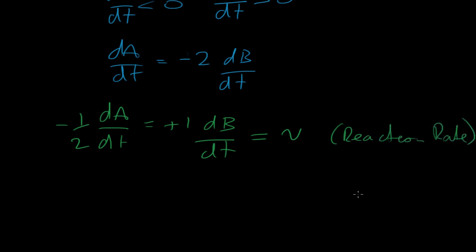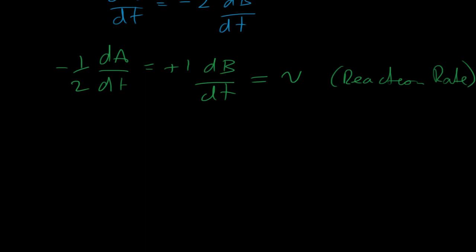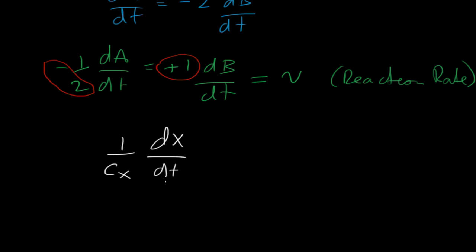We usually indicate the reaction rate with the symbol V. This may seem a bit arbitrary, but it isn't really, because if you look closely, this here is actually the stoichiometric coefficient for A, and this is the stoichiometric coefficient for B. So what I've done is I've taken the rate of change of the species and divided it by its stoichiometric coefficient, and I will then define this as the reaction rate V.